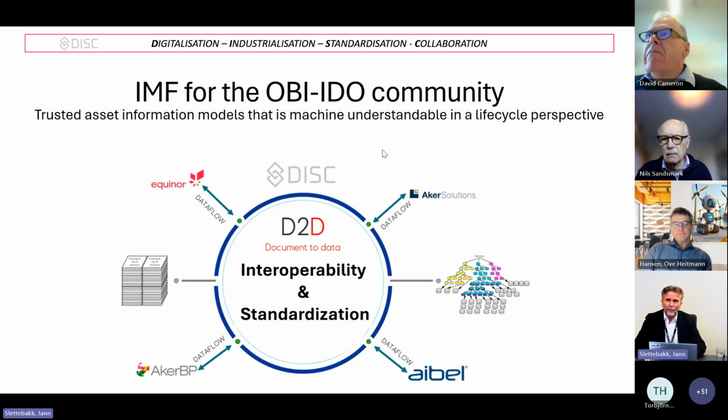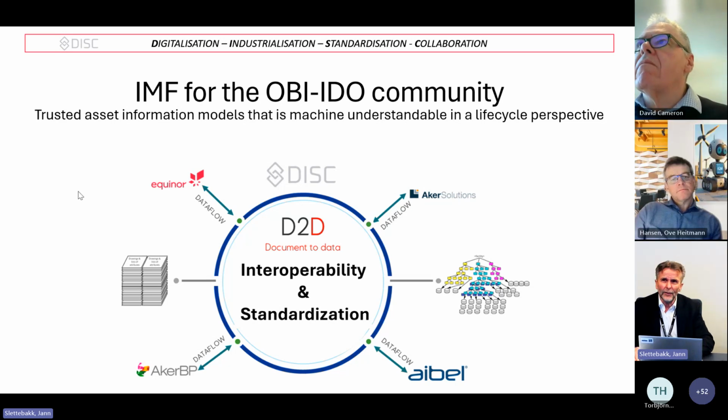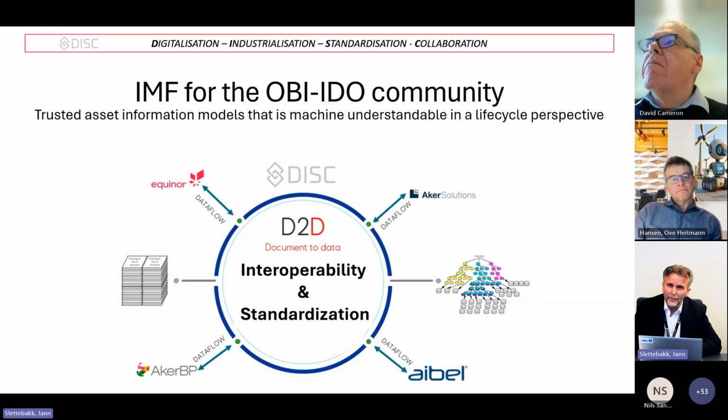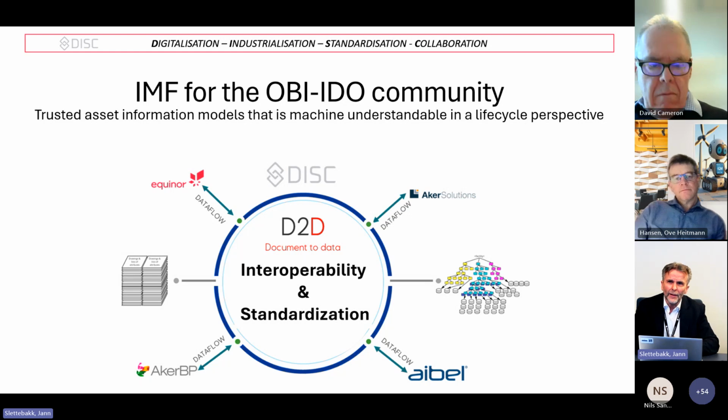Okay, the heading for our presentation today is IMF for the OBI IDO community, and we have a subtitle that says Trusted Asset Information Models that is machine understandable in a life cycle perspective. The figure you see below indicates interoperability and standardization.